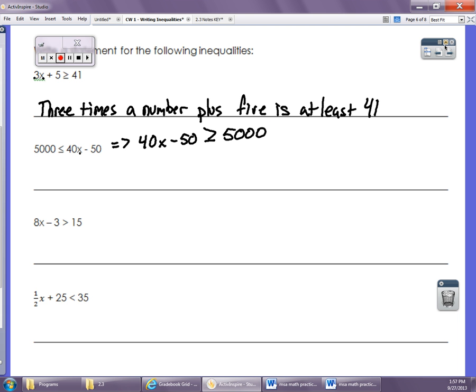Now what we can do is we can write our equation here. Well, we can say 40 is going to represent something, so we can say each person pays $40 for dinner.